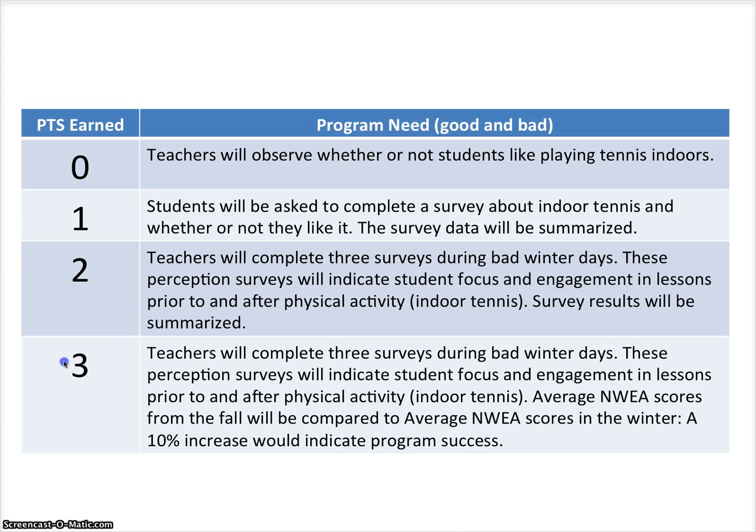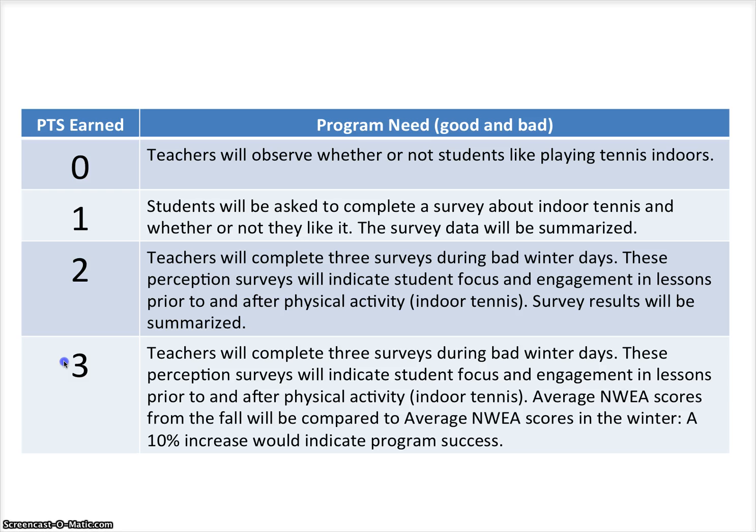If I want to get a 3, I have to have clear expectations for what I want the data to look like for me to say the program is successful. So we would do the same perception surveys, focusing on engagement in lessons prior to and after physical activity.